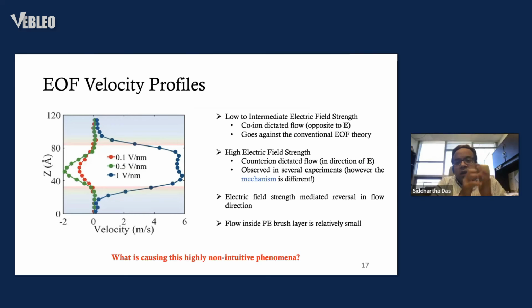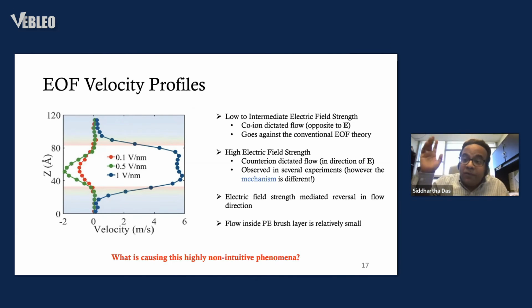The first very startling result we find is that, for low to medium electric field in the context of molecular dynamics, the electroosmotic flow is not from left to right as one would anticipate for the case of negatively charged walls or negatively charged polyelectrolyte brushes.